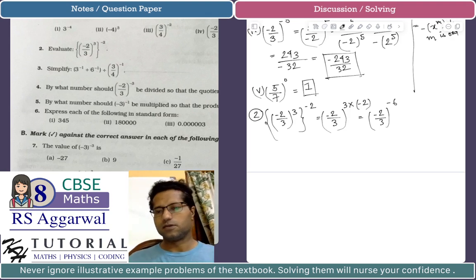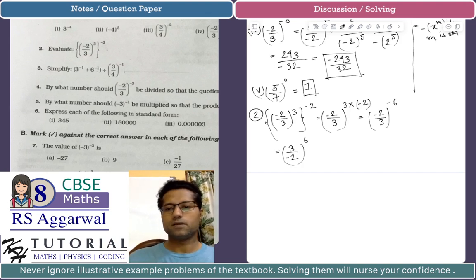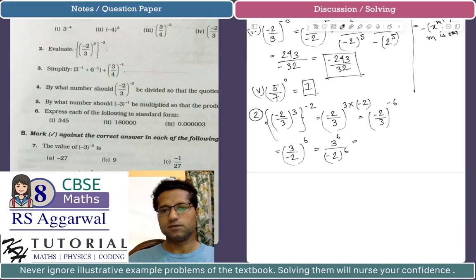Now this is a rational number raised to a negative power, minus 6 is negative. So this will be equal to the reciprocal of the base, that is 3 by minus 2 raised to the power 6. This is equal to 3 to the power 6 divided by minus 2 raised to the power 6. Now 3 raised to the power 6 is how much? 9 cube.